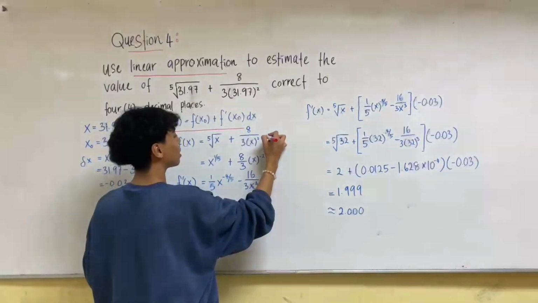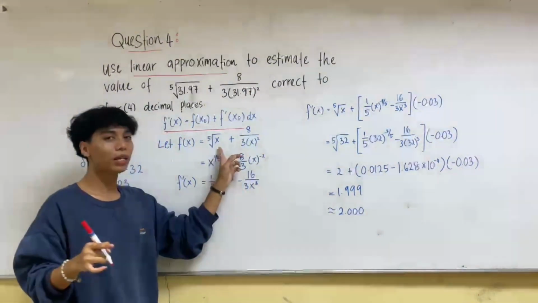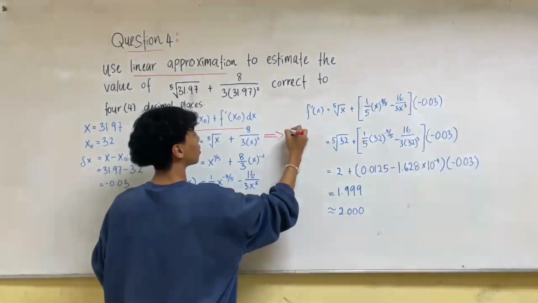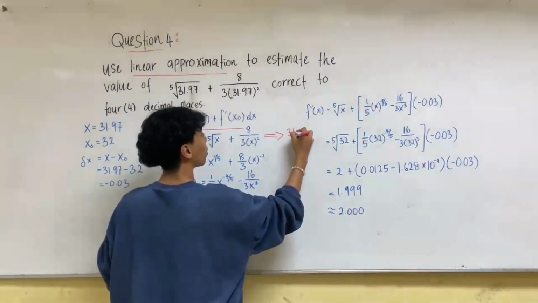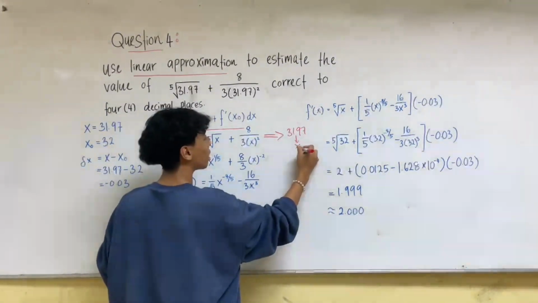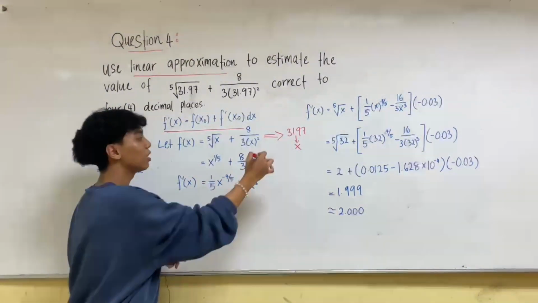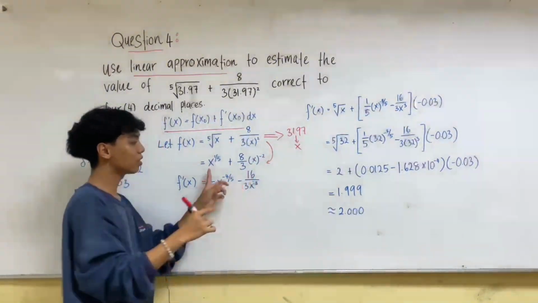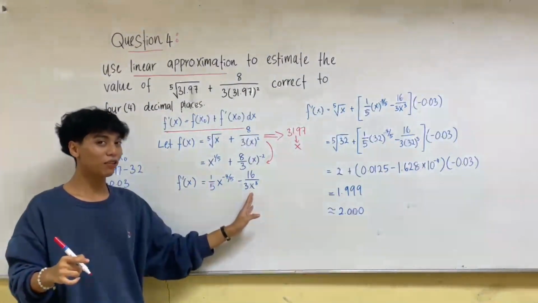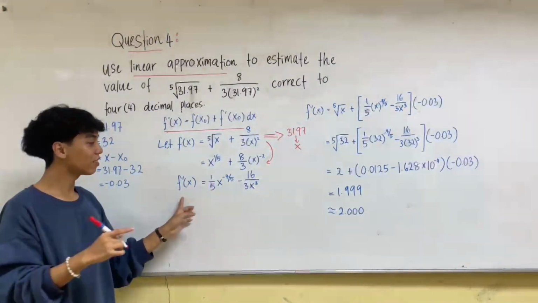So we simplify it: x to the power of 1 over 5 plus 8 over 3 times x to the power of negative 2. So how do we get x? We change the 31.97 to x. And then let's find the derivative.